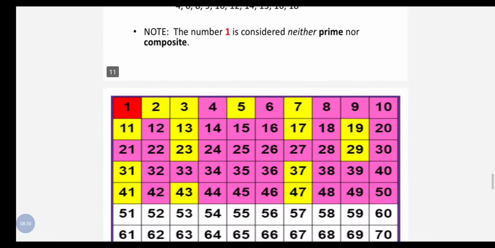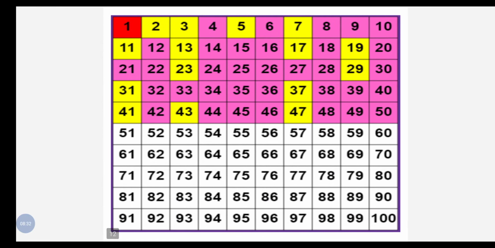Now I have shared a box here in which you can see a few numbers are in yellow color and some are pink and the rest are blanks, and only one is in red color.